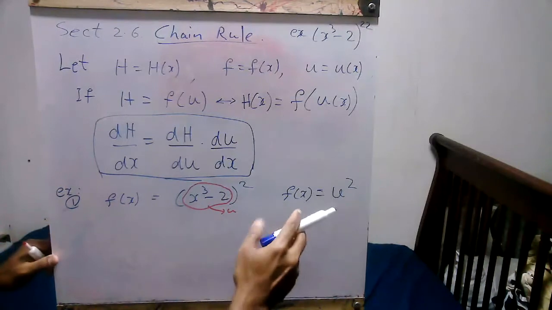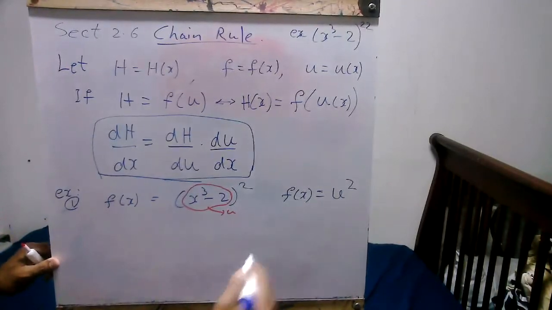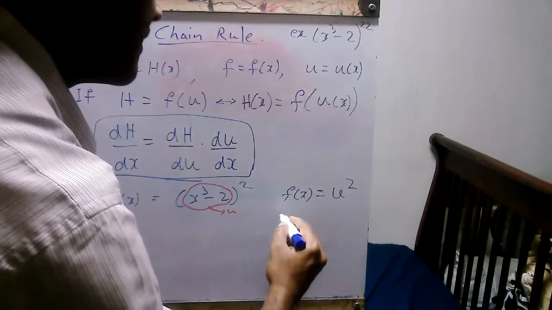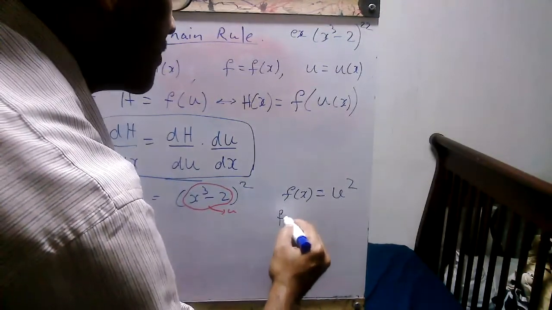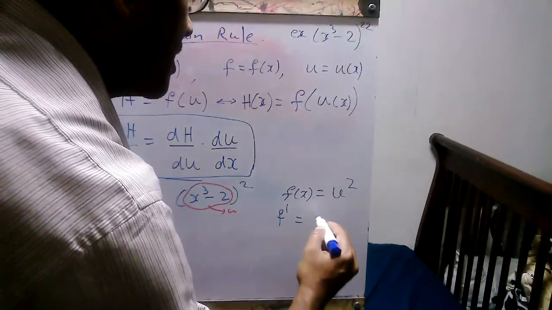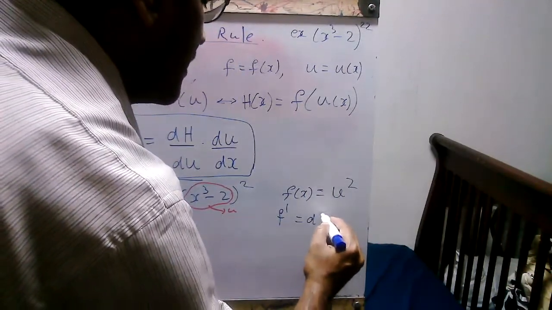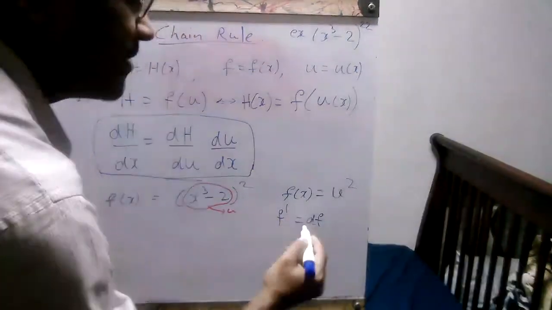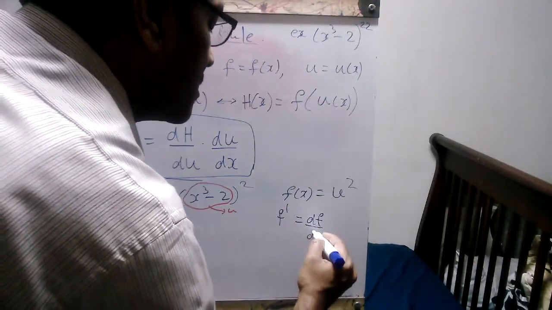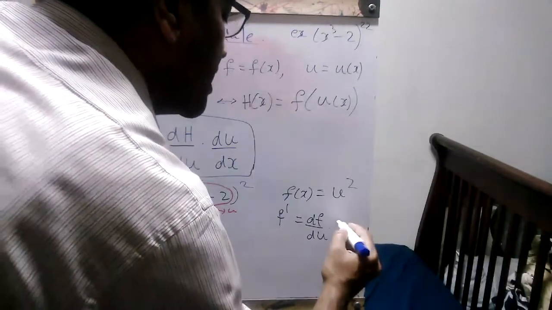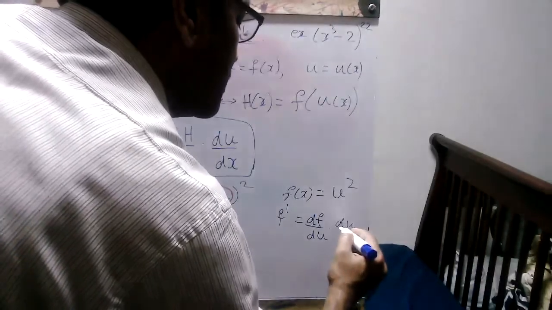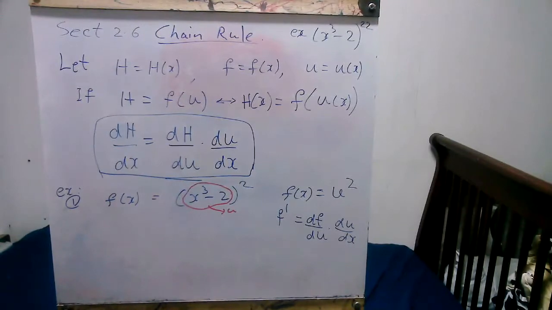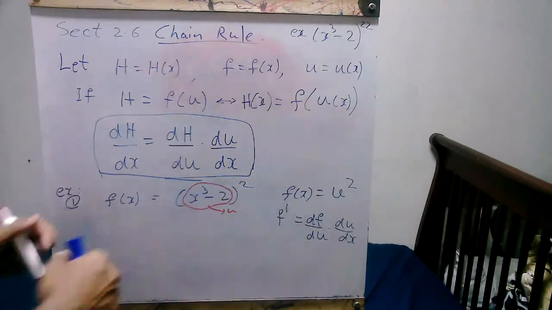Now what chain rule is saying is, in short I write f dash equal to df, differentiate f, the original function, with respect to u, multiply by du dx. Right? Get it?